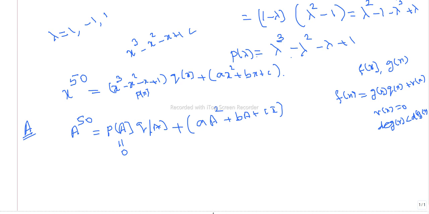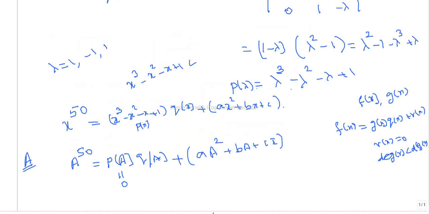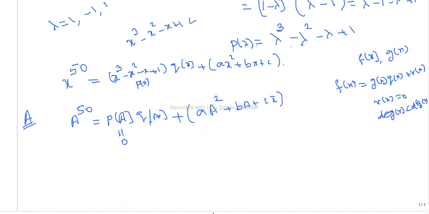So what we have to do? Otherwise you can directly write that the characteristic polynomial satisfies the equation a cube minus a square minus a plus I equal to 0.